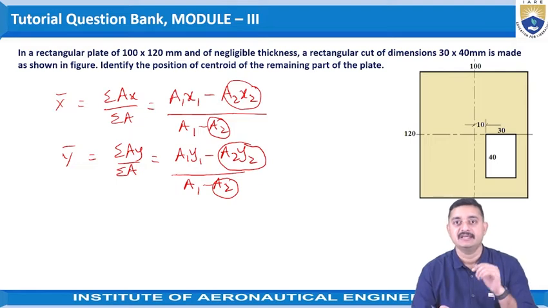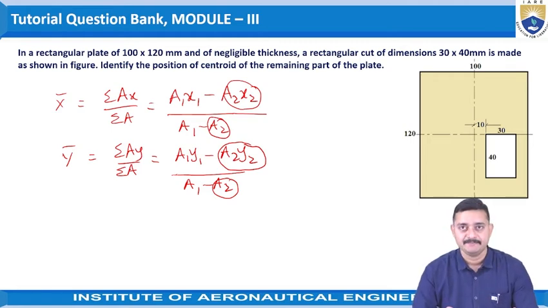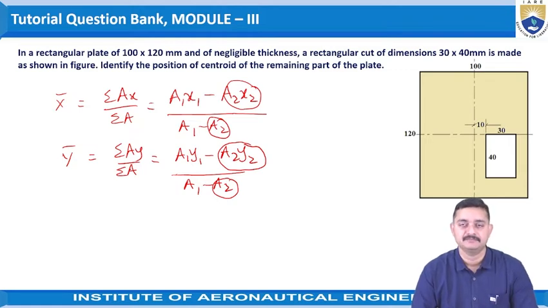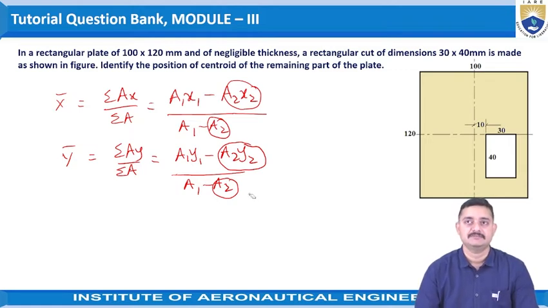So that is the difference. In the previous problem, we saw that the complete material area and all the individual shapes were added. But here, the non-material area should be subtracted from the material area. So that is the basic step.